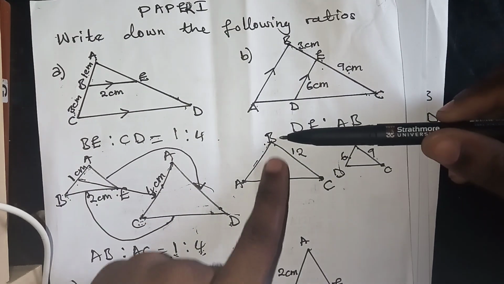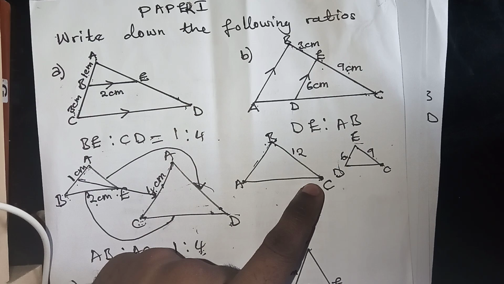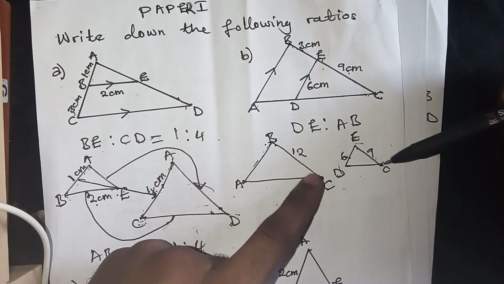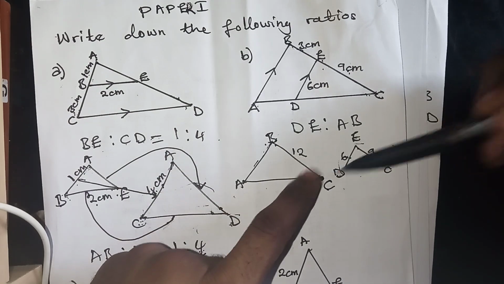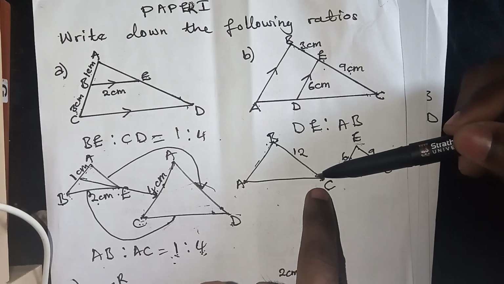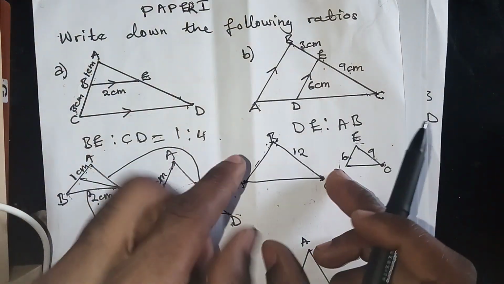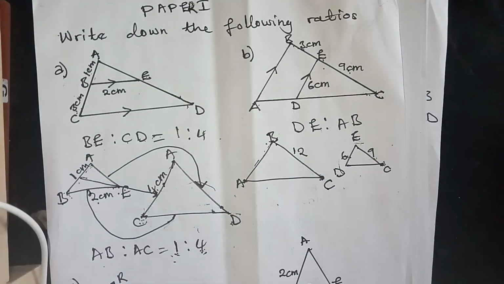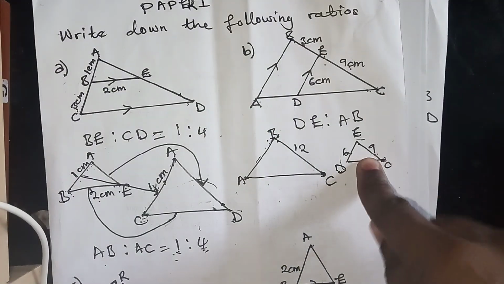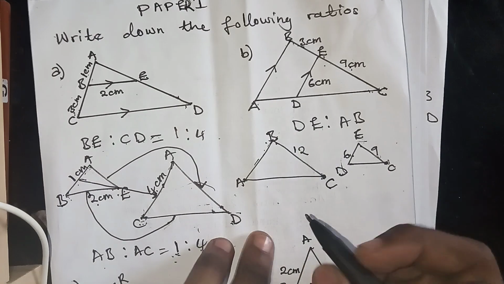So in this case, as you can see, we have BC, which corresponds to EC. So I'm sure you can see that this one looks like this. It's like this is the smaller version of this. When you make this one small, when you diminish it like this, it becomes something like this.